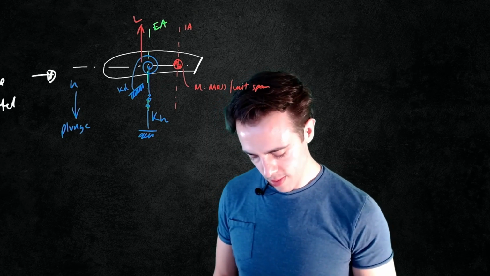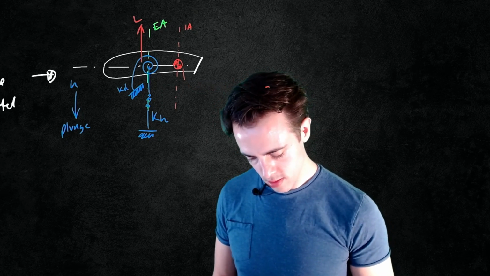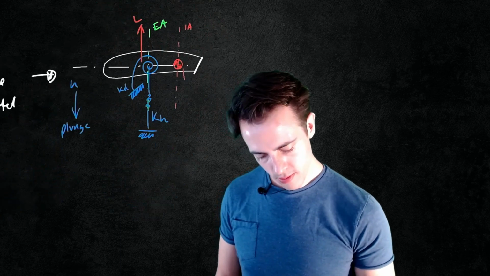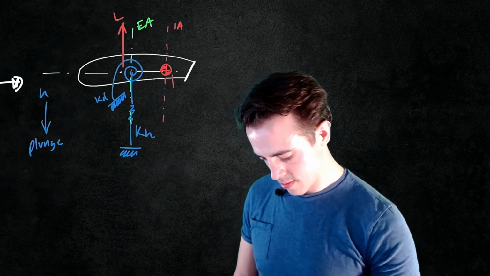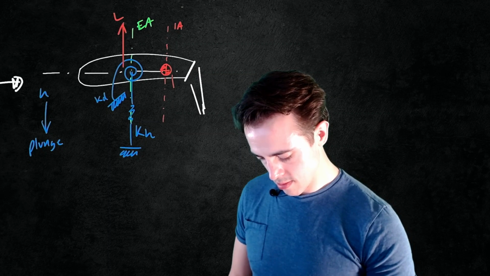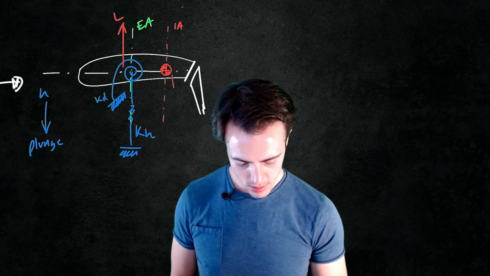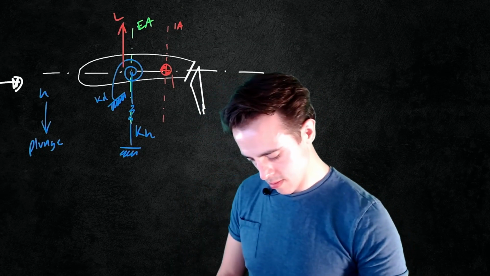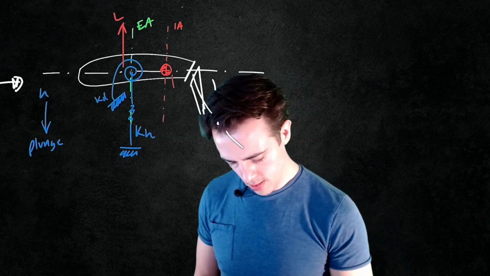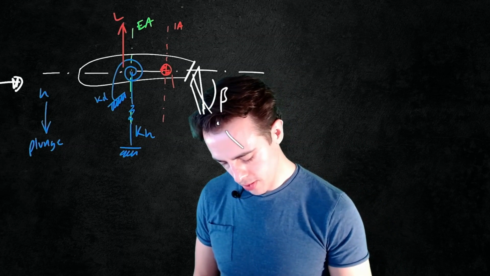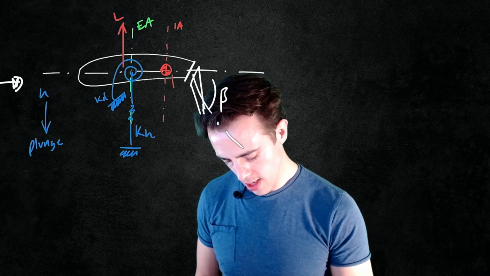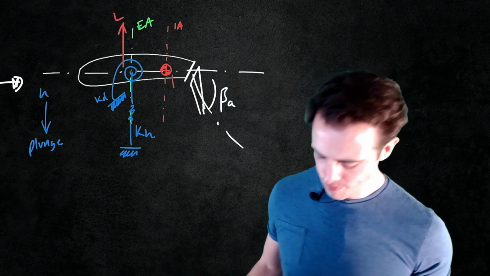Let me erase a bit more in here. Give this the symbol, whatever we want to call, say beta of the aileron, for example, if we were looking at the wing.